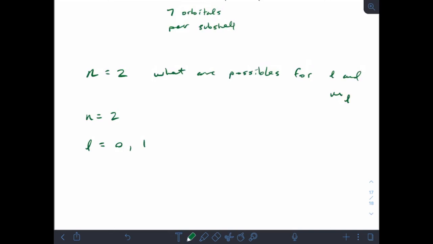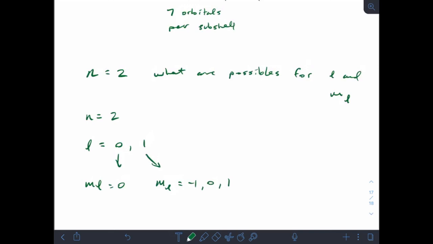So if I'm at L equals 0, m sub L just equals 0. If I'm at L equals 1, then m sub L can be -1, 0, and 1. Okay, so these all interact and intertwine as far as what the actual values end up being. It's a lot of what are the possible values.